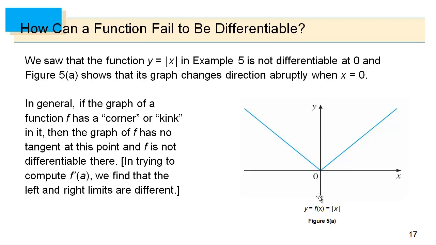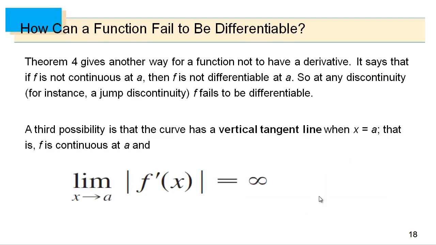And in fact, in general, anytime you have a graph that has a sharp corner or a kink to it, it's not a smooth curve, but it's got some sort of jolting corner, then you will not have a derivative at that point because you will not have a tangent line at that point. And from theorem 4, we get another way for a function to not have a derivative.